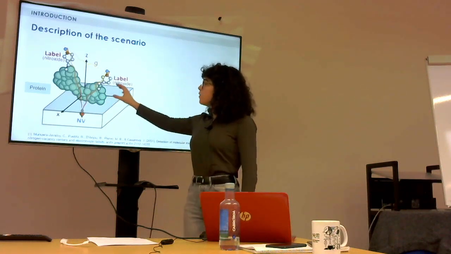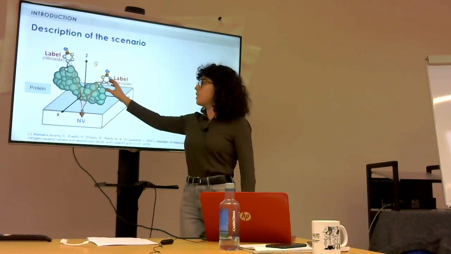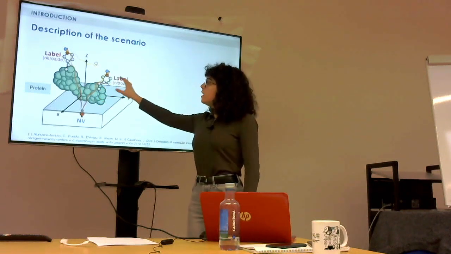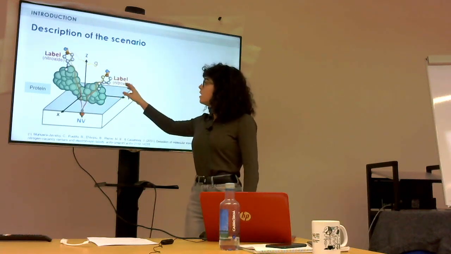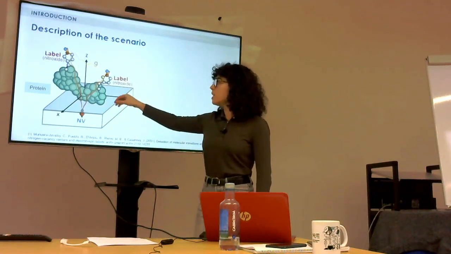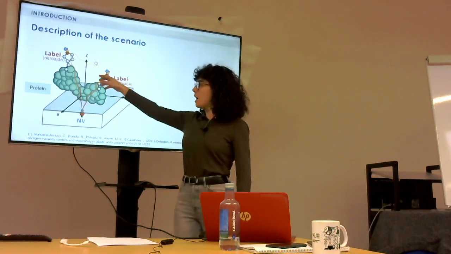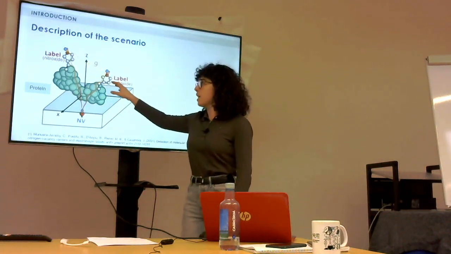Besides, we have two labels on different sides of the protein. These are radicals, and in this case, they used nitroxides. And here in yellow, we have the electrons of these radicals.